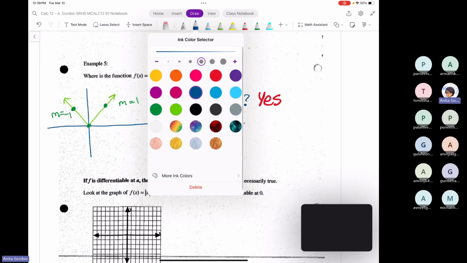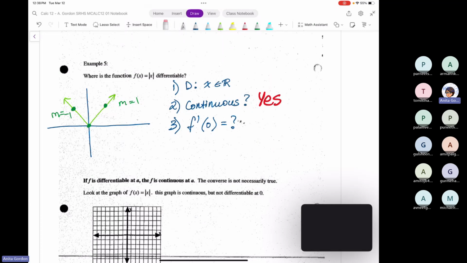We can say that the slope of x equals -1 for x less than 0. We can say the slope of the tangent is +1 for x greater than 0.